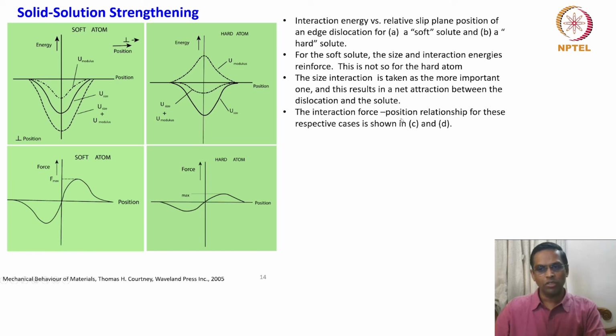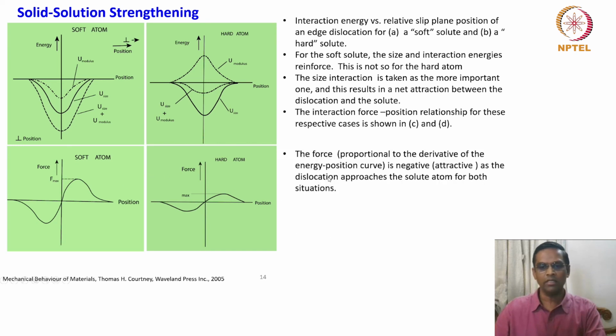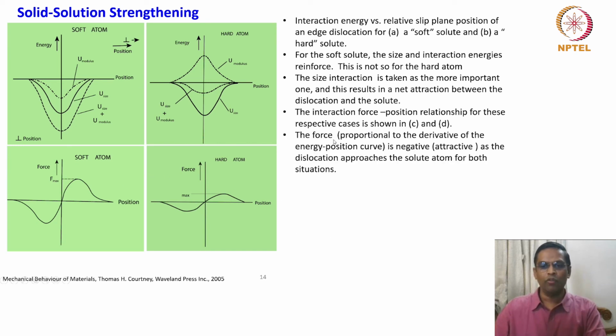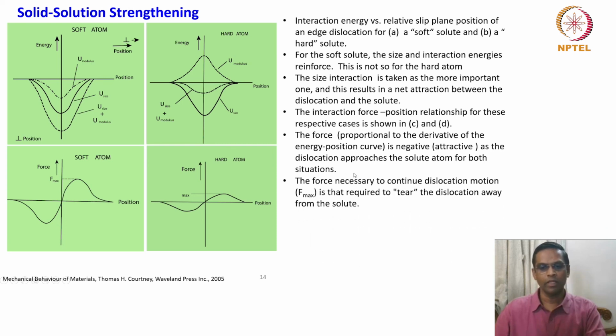The interaction force position relationship for these respective cases is shown in C and D, which we have already seen. The force, proportional to the derivative of the energy position curve, is negative or attractive as the dislocation approaches the solute atom for both situations. The force necessary to continue dislocation motion, that is F max, is that required to tear the dislocation away from the solute.